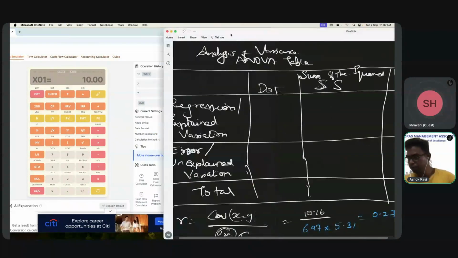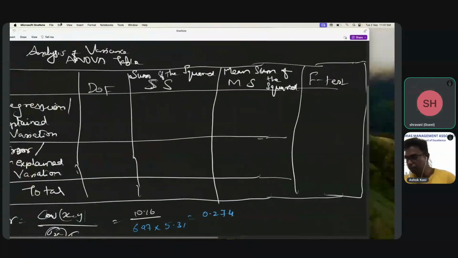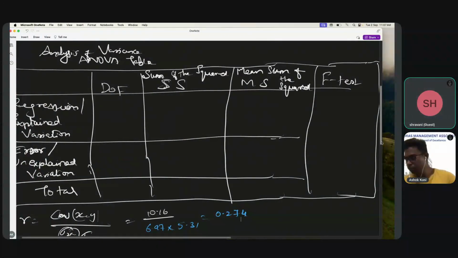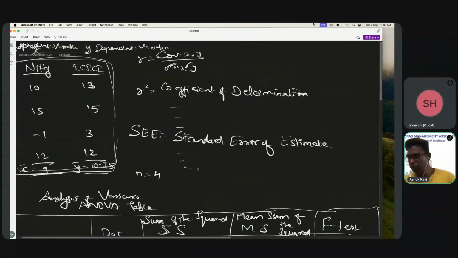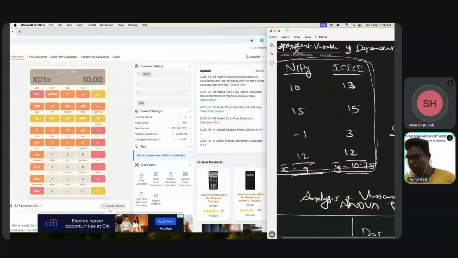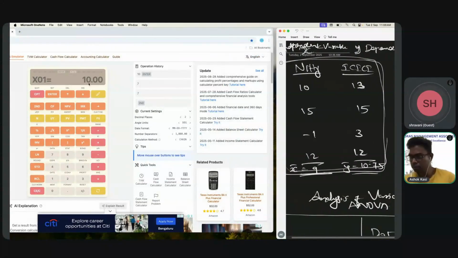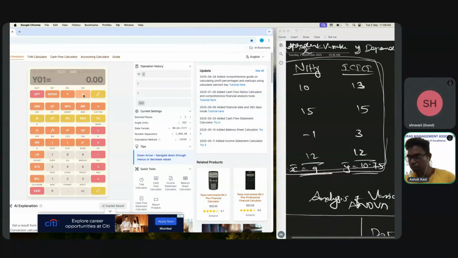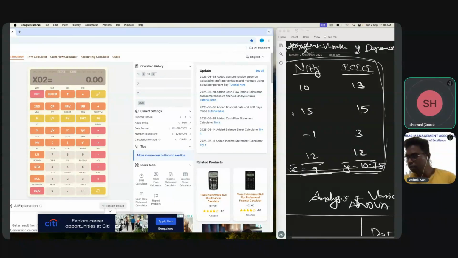10, enter. Then downward arrow. Y01 is 13. Enter. Then downward arrow. X02 is 15.